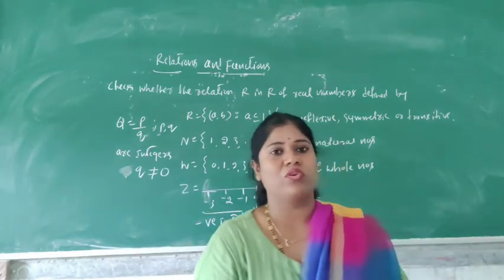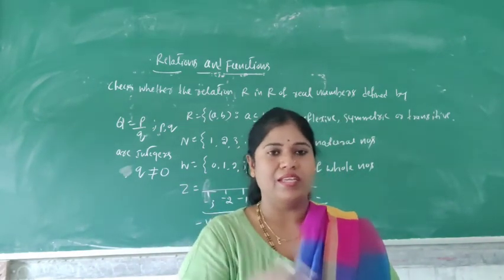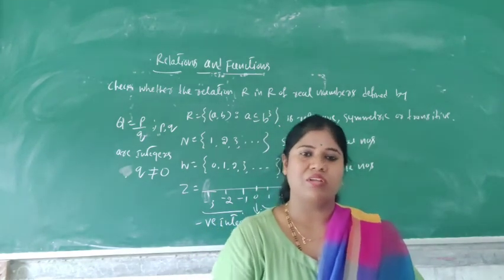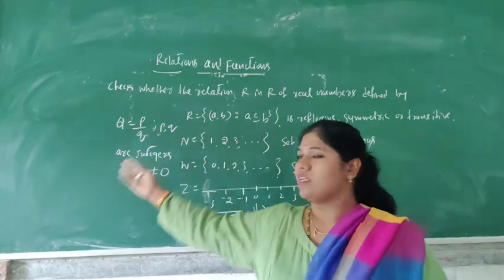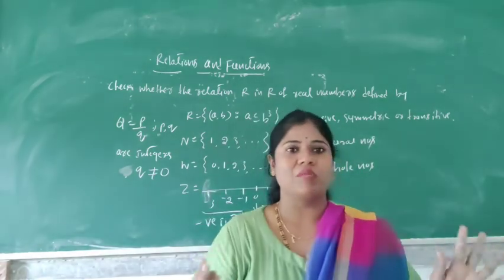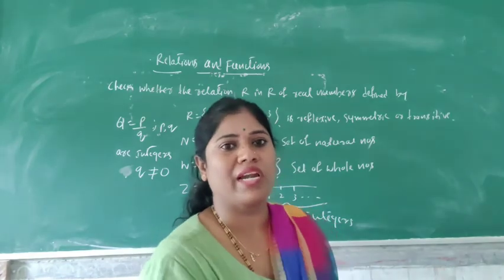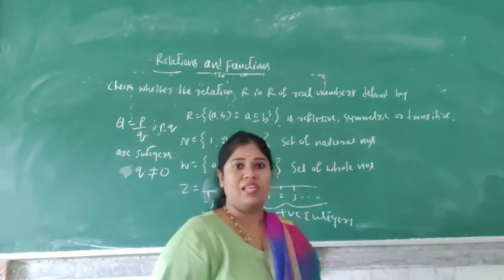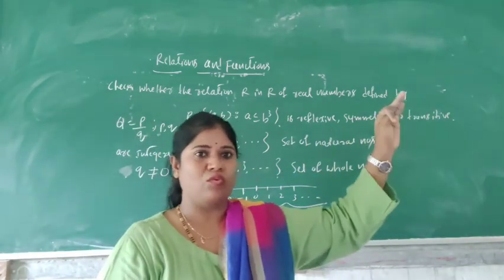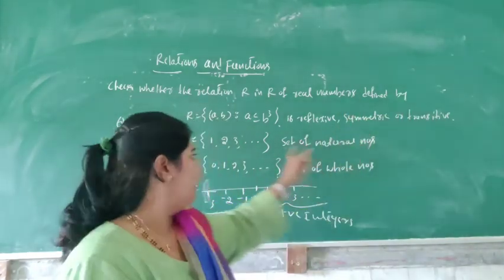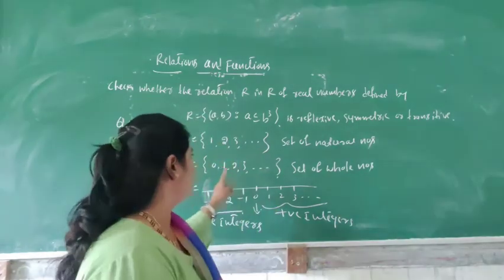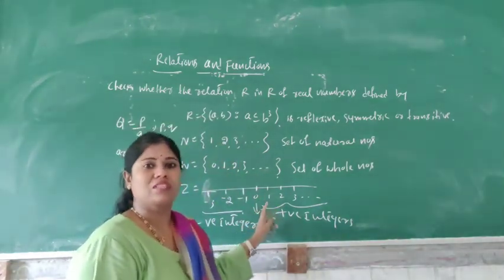For example, root 2, pi, e and root 3, etc. These are all irrational numbers. All this comes under the real numbers. Real numbers means any numbers that can be found on the number line. So natural numbers, whole numbers, and the set of integers all come in, with positive integers, negative integers along with 0.